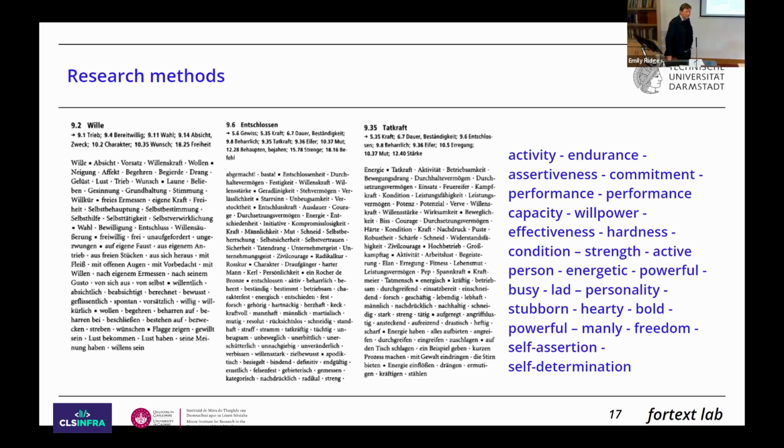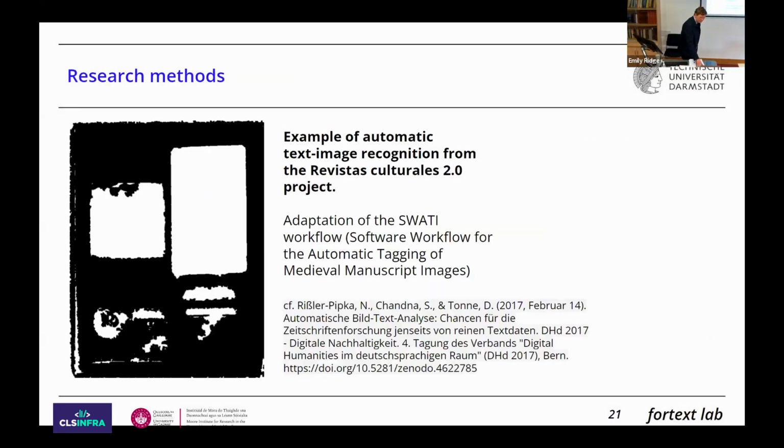I understand that you're concentrating on text, on words, and I'm not familiar with the two periodicals that you're looking at, but I'm wondering about the ratio of textual matter to image on the page, and how you might investigate the prevalence of images, the sorts of images, and the amount of space an image takes on the page in terms of its importance. Yeah, this is what I'm just working on.